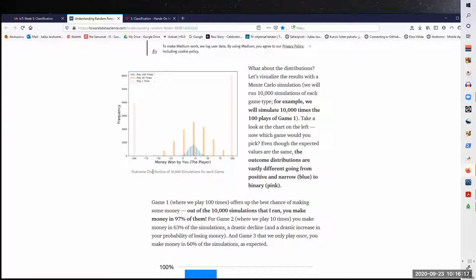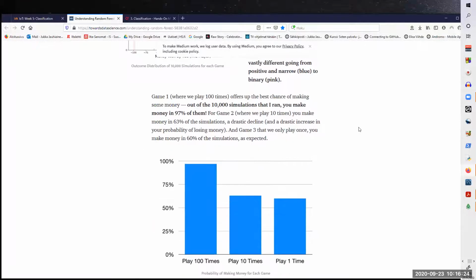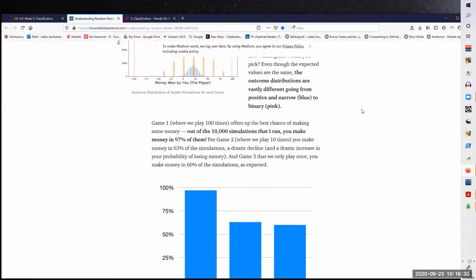If you play 10 times, you have the distribution like these bars here, and then when you play 100 times. In this case, you make money in 97% of the games.